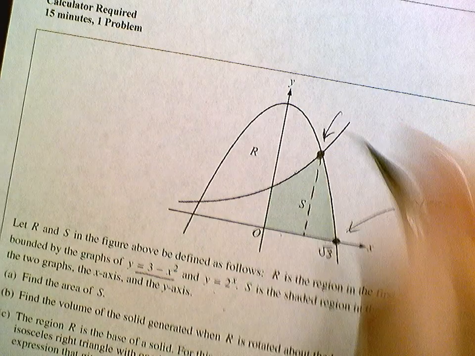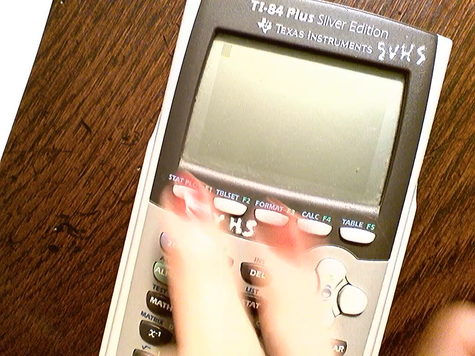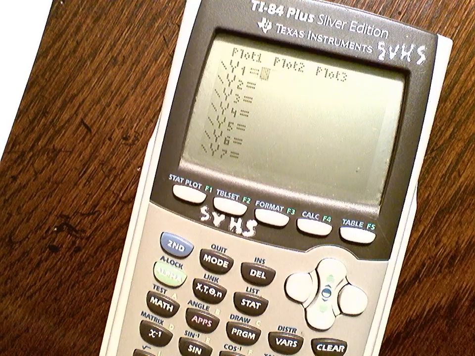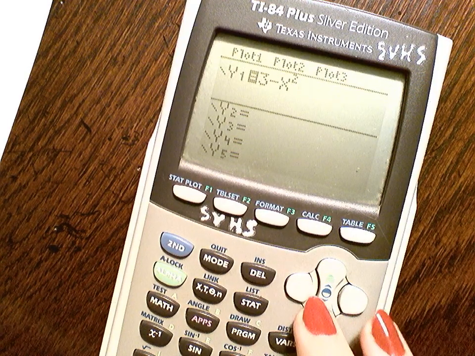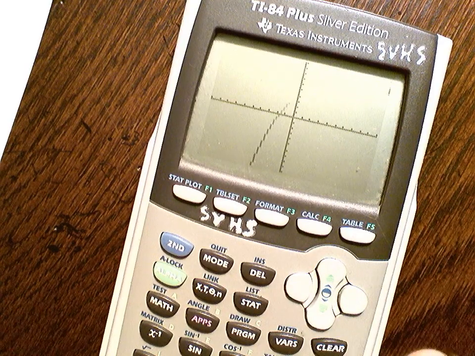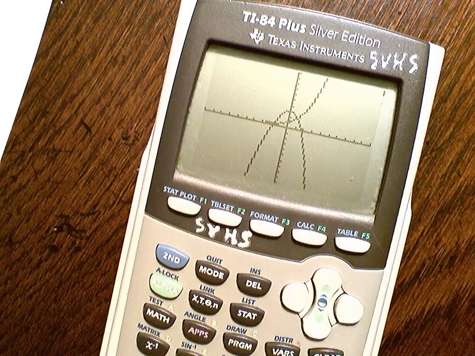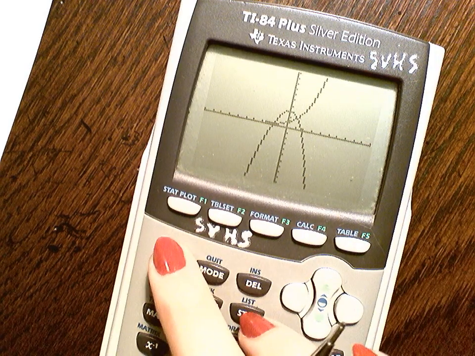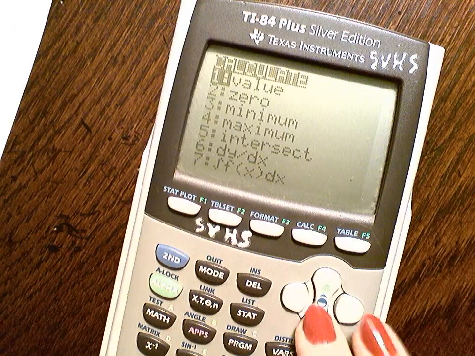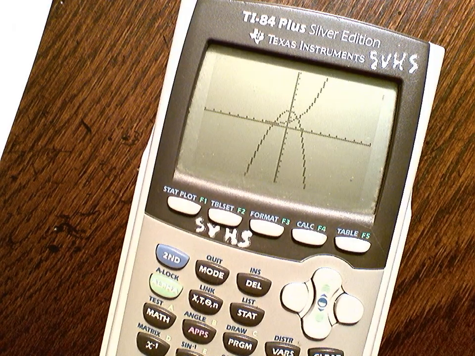You'll find this point by using your calculator. So y equals 3 minus x squared, and y equals 2 to the x. Then I go second, calc, intersect. Yeah, so 1, 2.